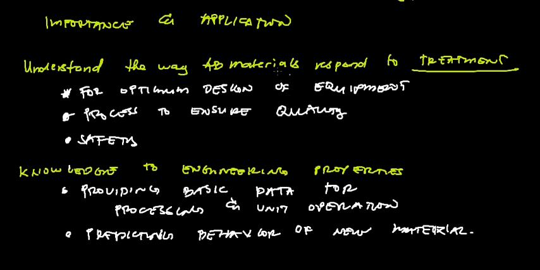Okay. So since we are on the engineering side, there are some importance or applications of these physical properties when we determine how it responds to treatments, and we have knowledge of engineering properties. These properties are very necessary, especially in the design of the equipment for the different unit operations. Like for example, the design of the cleaning unit, the grading unit.